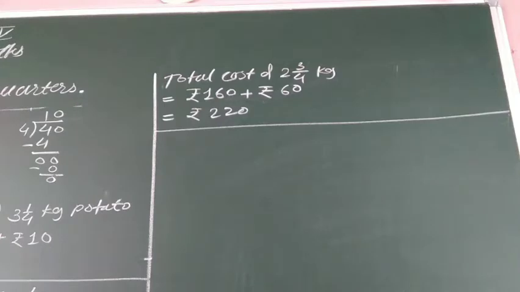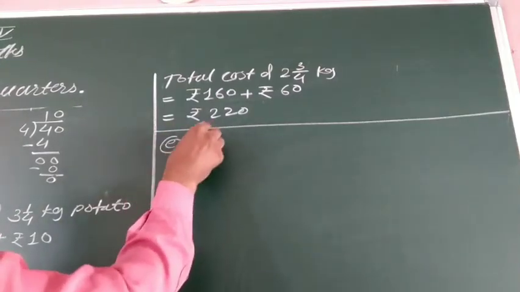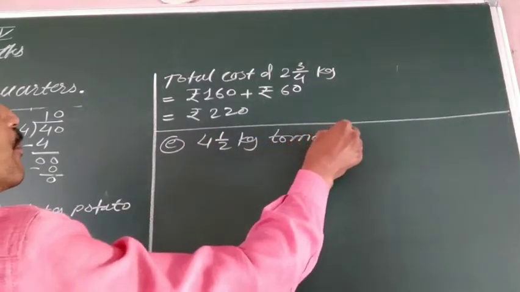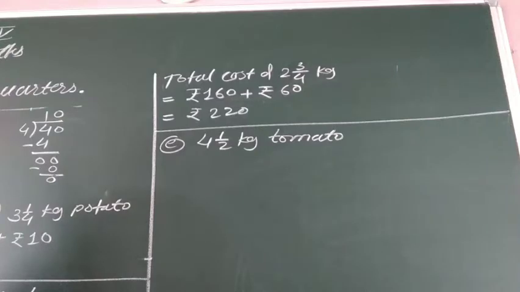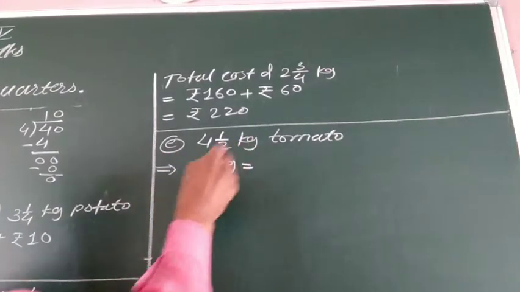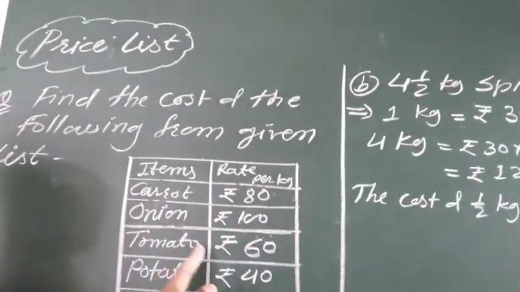Now 4.5 kg tomato. See, next, it is E number, 4.5 kg tomato. See, 1 kg equal to what? Then what is the cost of 1 kg tomato? See the chart of the tomato here now. The 1 kg tomato is equal to rupees 60.